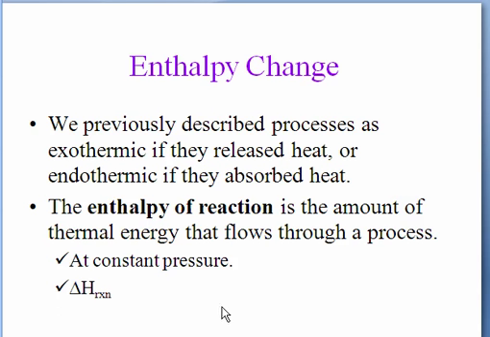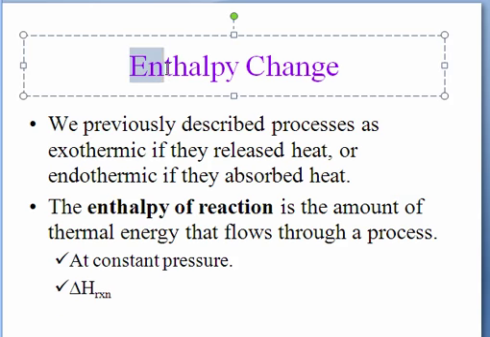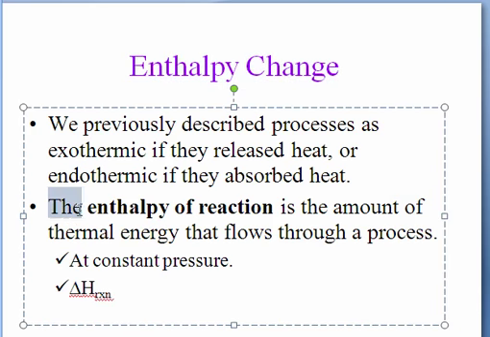The last concept we are going to take a look at in this chapter is what's known as enthalpy change. What is enthalpy? Enthalpy is the amount of thermal energy, which we call heat, that flows through a process at constant pressure. So basically, when we're talking about enthalpy, we're talking about heat.